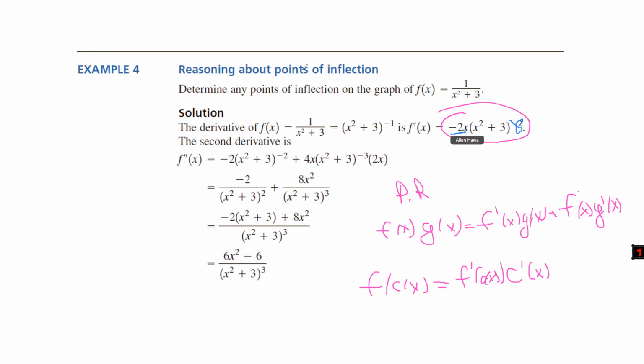I'm going to say that's f of x, and over here is g of x. So then I plugged it in, so I got -2, 2x, and I took the g prime, which is just 2x.